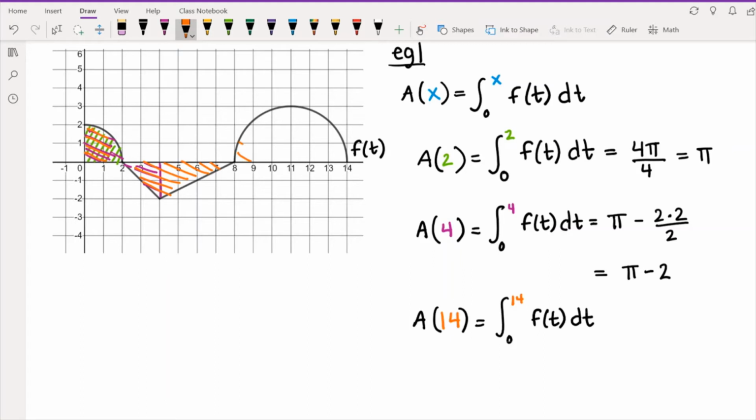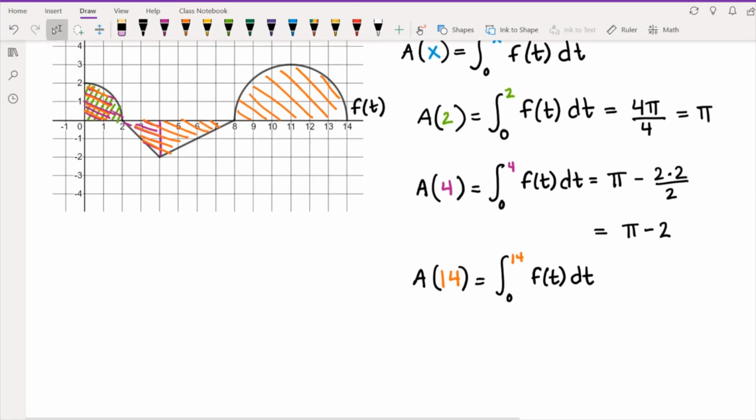And then to that, we're going to be adding this half circle. And so the total area we're going to get is going to be, so we had pi for the circle.